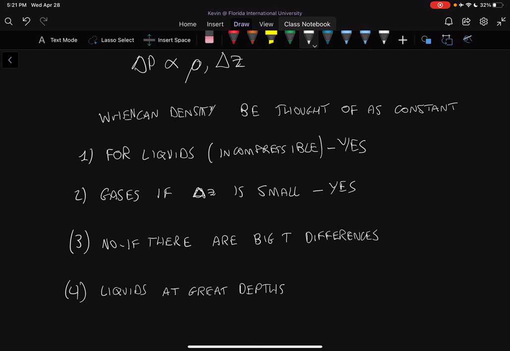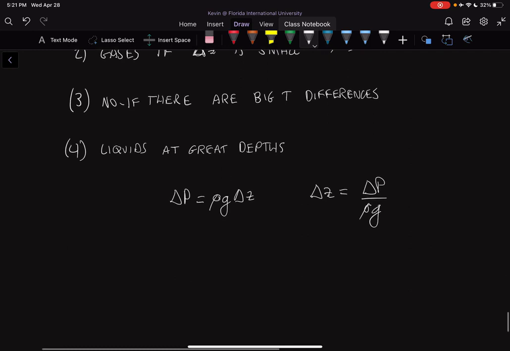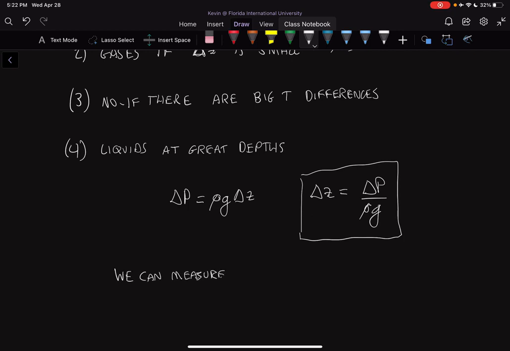So we also have this final equation that says that delta P is equal to rho G delta Z. And we can rearrange this equation to say that delta Z is equal to delta P over rho G. And the reason we want to rearrange this equation is that you might have seen this in physics, or you will see it in transport phenomena course if you are taking it as well, that we can measure delta P by looking at the height of a fluid in a column.